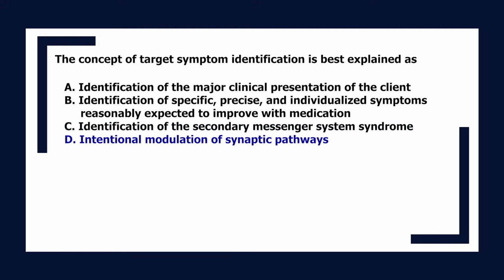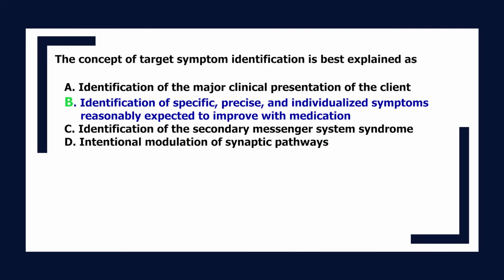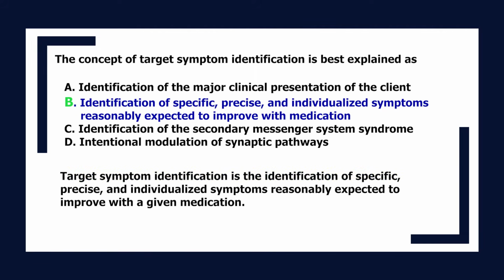D. Intentional modulation of synaptic pathways. The correct answer is B. Target symptom identification is the identification of specific, precise, and individualized symptoms reasonably expected to improve with a given medication.